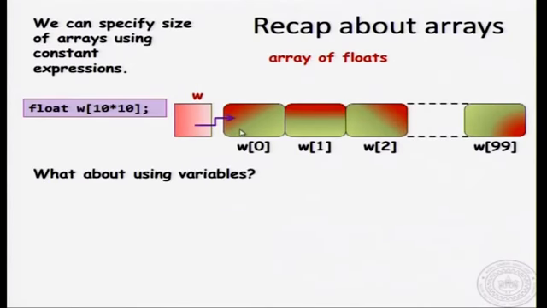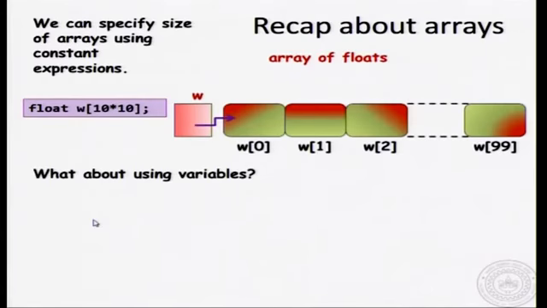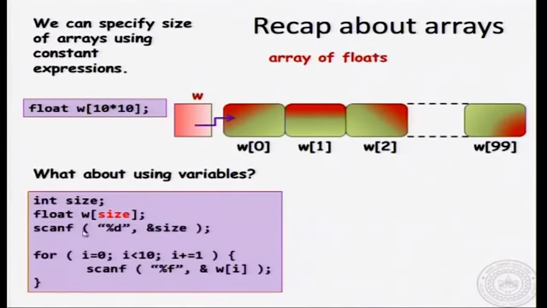But what about using variables or variable size arrays? This is a feature that we often wish we had. So, what do I mean by that? I could write the following code: int size; float w[size]; and then scanf("%d", &size).